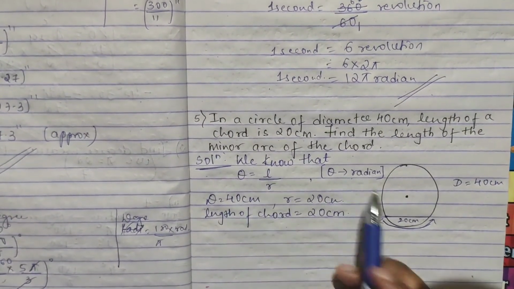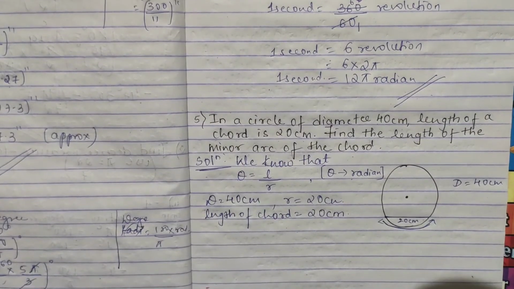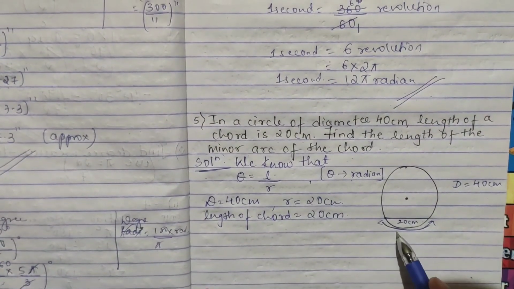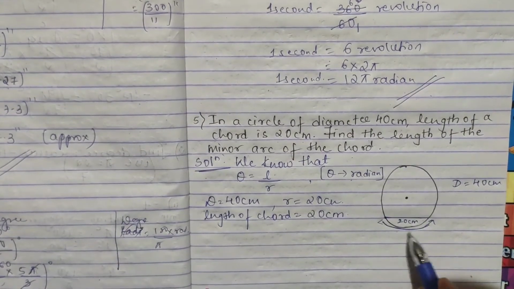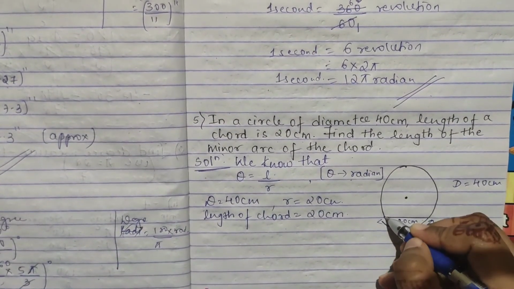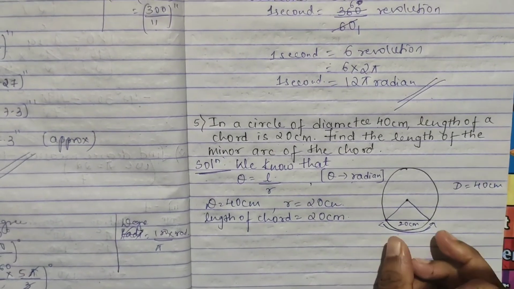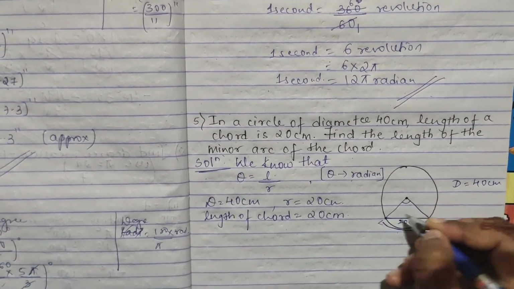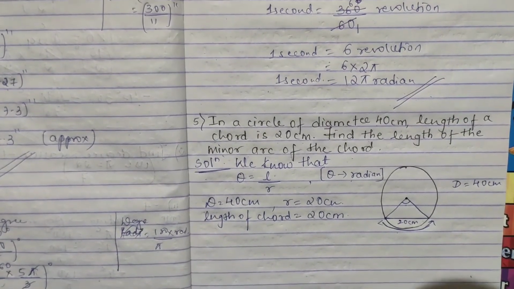But here theta will be in radian. So from this you have to find your L. But they have given you the length of the chord. Radius is 20 centimeter. We have to find theta, right?